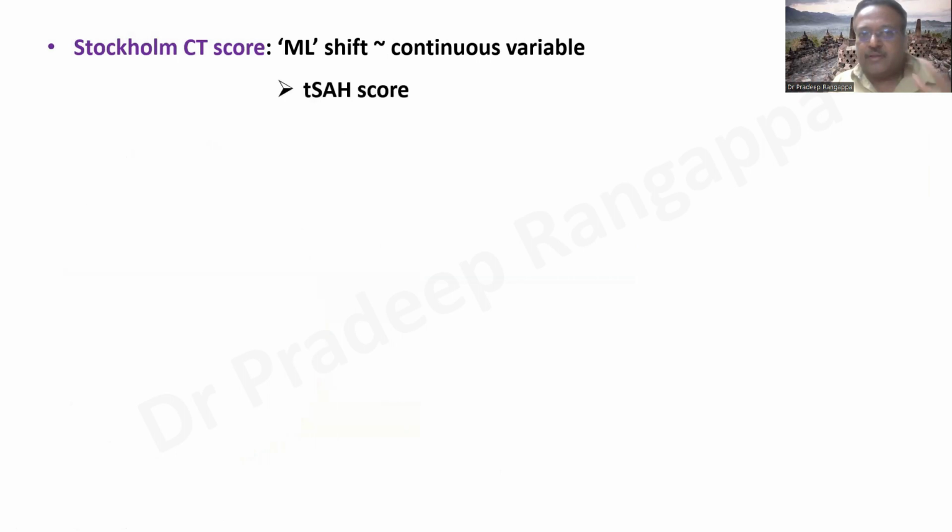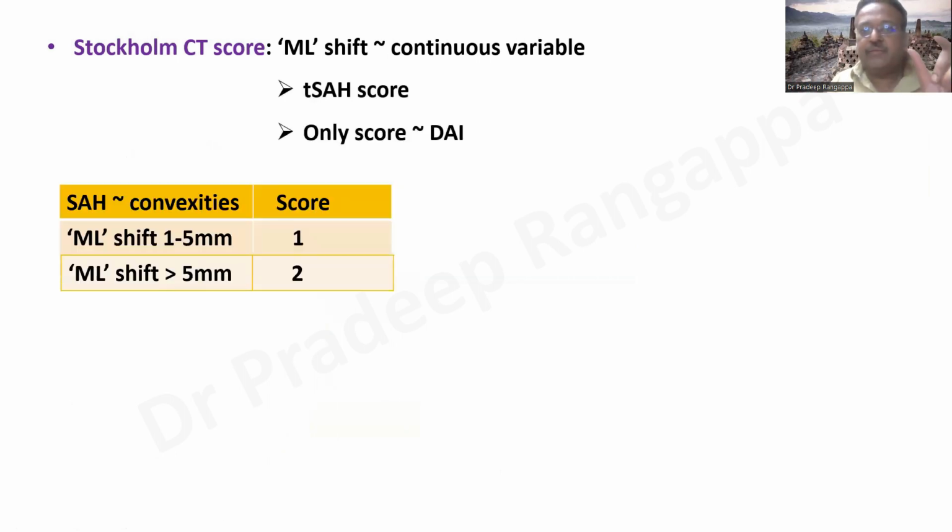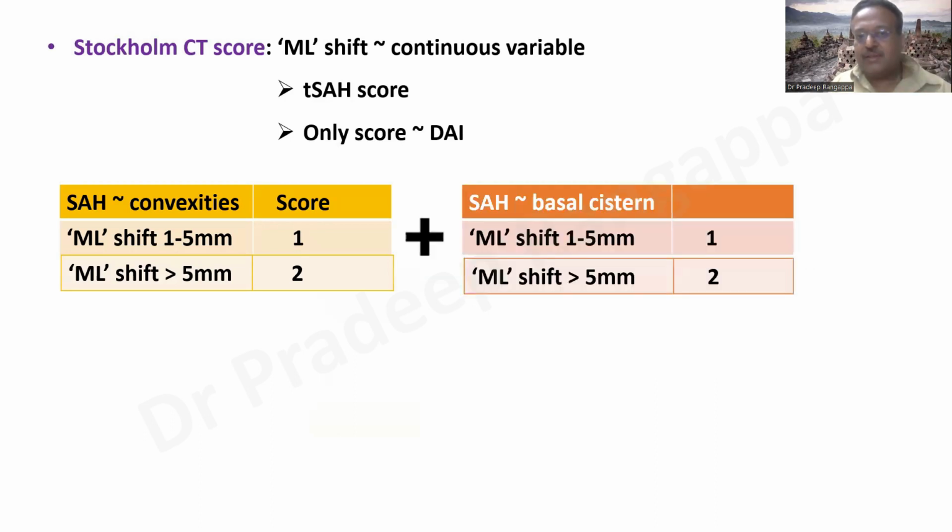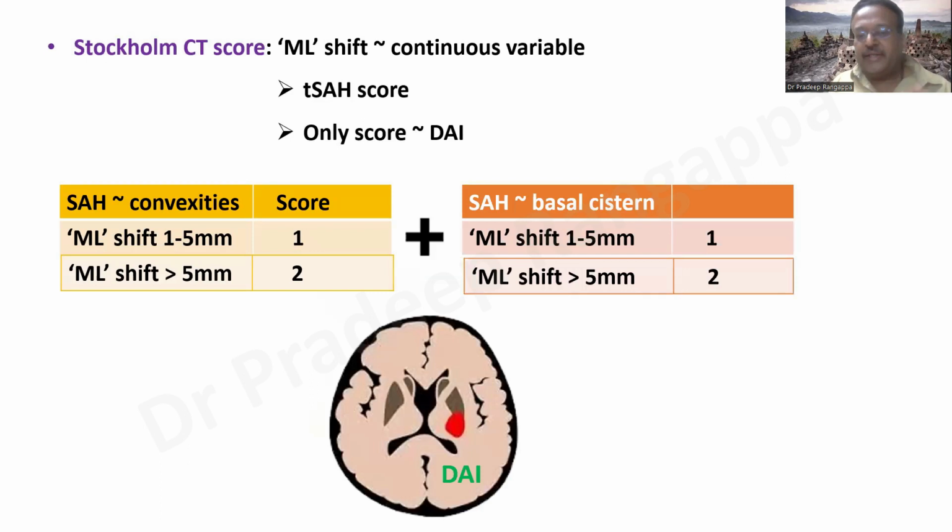So Stockholm's CT score takes into all this consideration, but it also takes into factoring in the diffuse axonal injury, and it looks into SAH present in the convexities with midline shift, SAH in the basal cistern with midline shift, and it looks at diffuse axonal injury, and it computes all this and gives you a score.